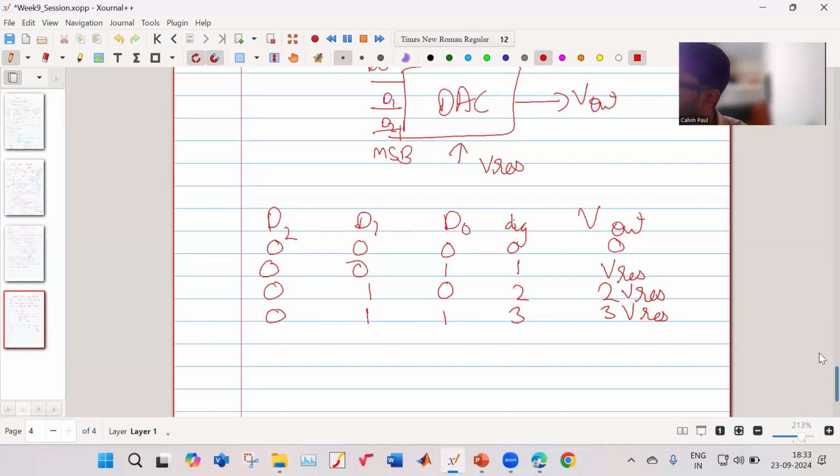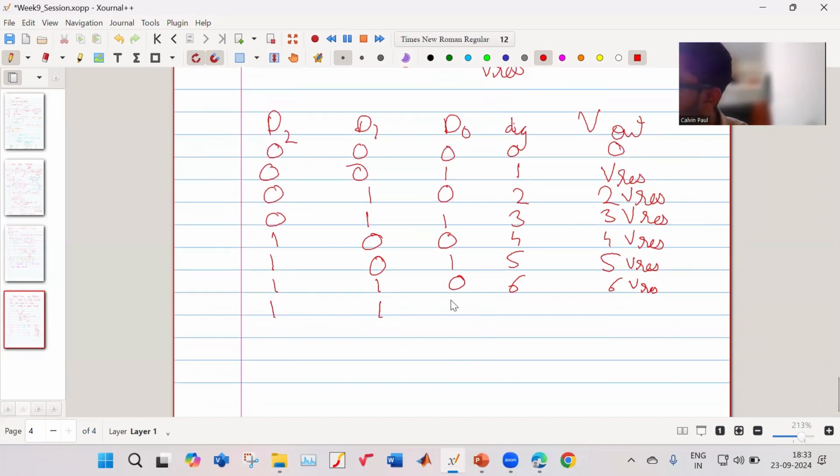If it looks like this, it means 4, so 4 into V resolution. Then 5 into V resolution, 6 into V resolution, and this is 7 into V resolution.